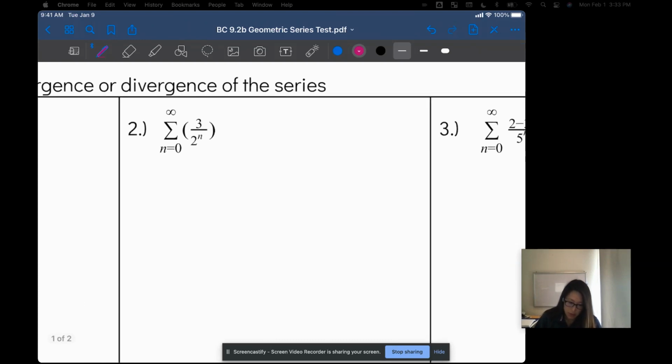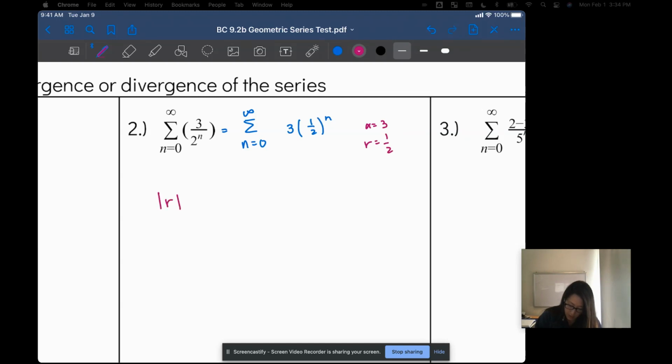Okay, so this one is not as straightforward because we have to rewrite the equation. So I have the sum from n equals 0 to infinity of 3 over 2 to the n. The 3 is just our a. Our 1 over 2 to the n can be rewritten as 1/2 to the n power. So now I can see that my a is equal to 3 and my r is equal to 1/2.